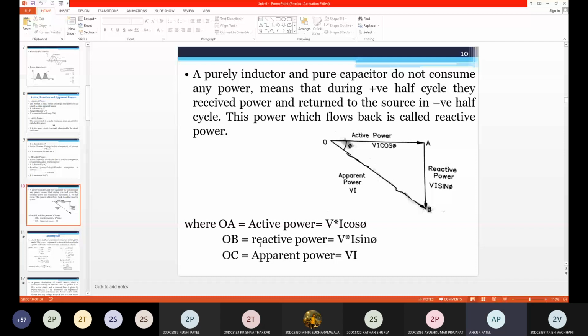If you have the resistance and impedance of the circuit, then you can find this power factor. If you know the angle between voltage and current, then you can say this phi. And if you know the active and apparent power, then you can find out this cos phi. So this is the way you can find out the cos phi of the circuit by these three relations.